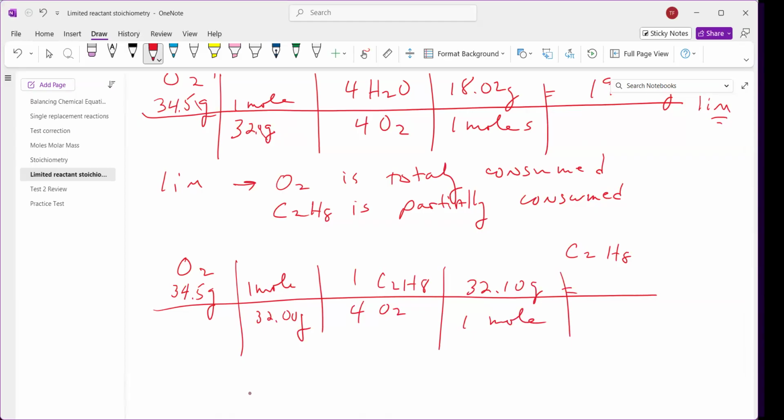This will tell us how much ethane is used. Then we're going to subtract that from what we started with.